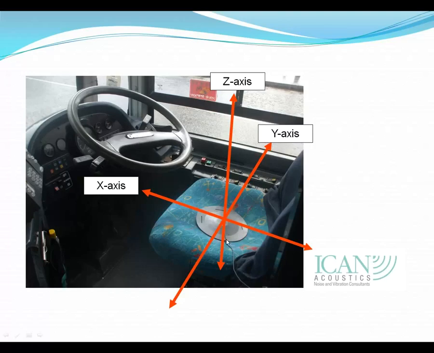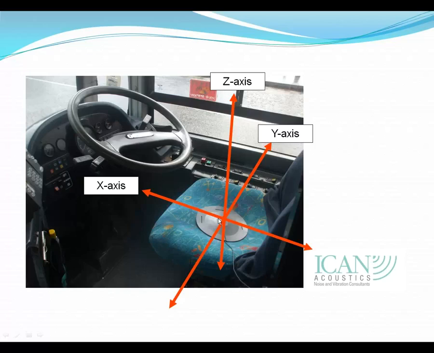So again, when you're measuring that, the instrumentation has weightings applied to all of these axes. So it corrects for the human body's susceptibility to vibration, for example, in the vertical, as opposed to the horizontal, the X and the Y axis. So that is important, and it's an important element of the measurement process.